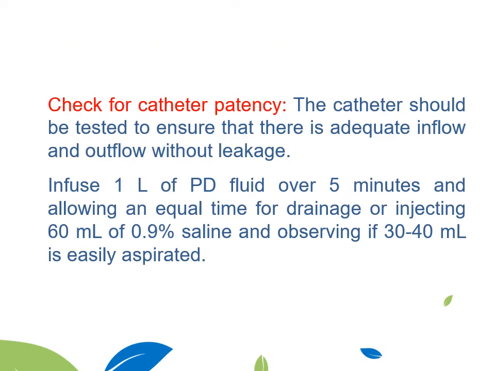Now, before closing the abdomen of the patient and making the subcutaneous tunneling, you have to check the patency of the catheter since you closed the peritoneum. Because if you closed the whole procedure and made the external subcutaneous tunnel, you will lose a lot, because sometimes the catheter will not work from the first time. So you have to check the patency of the inflow and outflow. You can infuse 1 liter of PD fluid over 5 minutes and allow equal time for drainage.